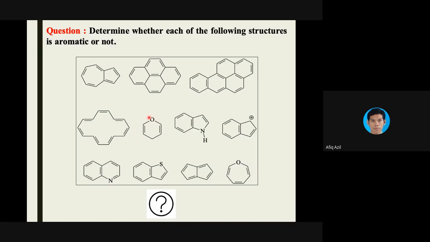For example, oxygen will have 2 lone pairs. What are lone pairs? If you forget, try to look back. Lone pairs mean it contains electrons 1, 2, 1, 2. So it has these 2 lone pairs available on this oxygen.